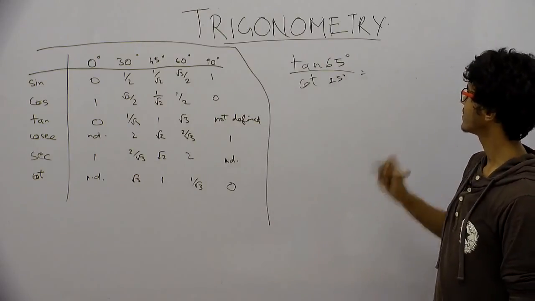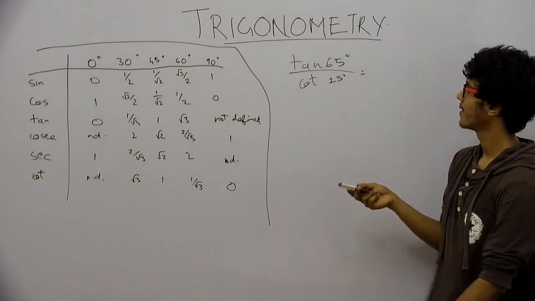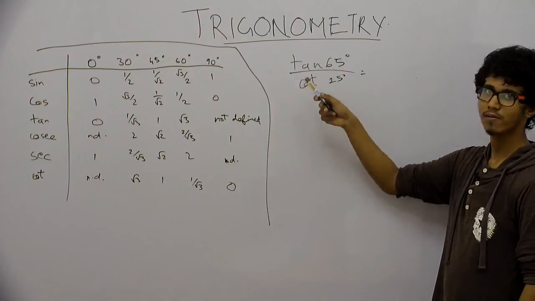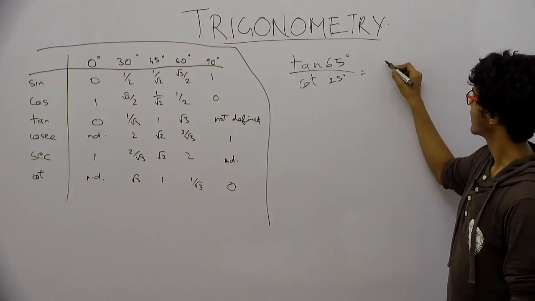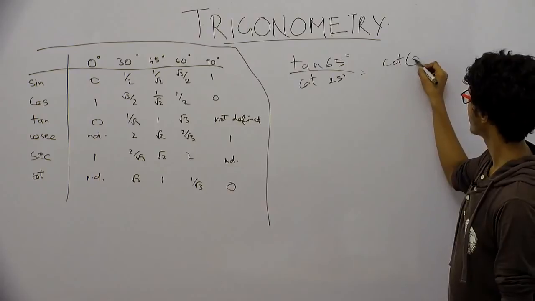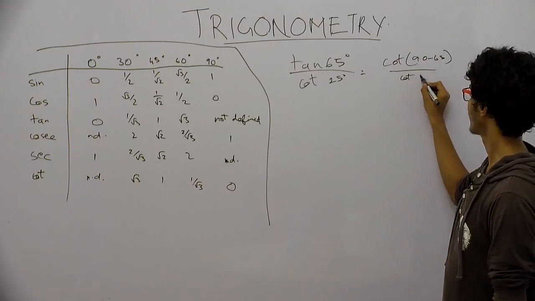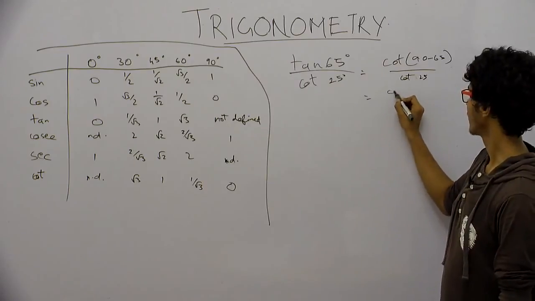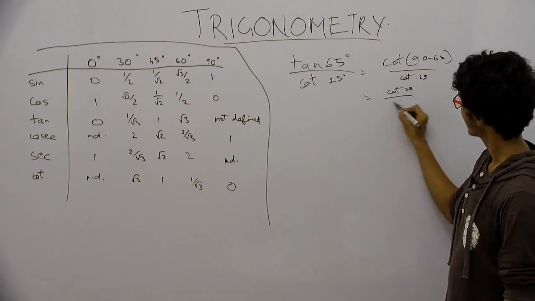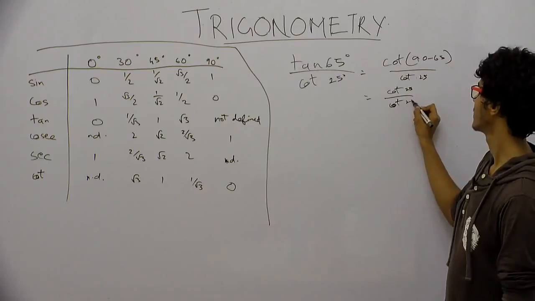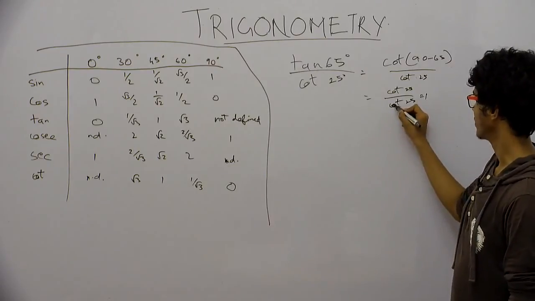Now, as we just learned, tan of something equals cot of 90 minus that. So we write this as cot of 90 minus 65 divided by cot of 25. 90 minus 65 gives us cot 25. We divide by cot 25. This is equal to 1.